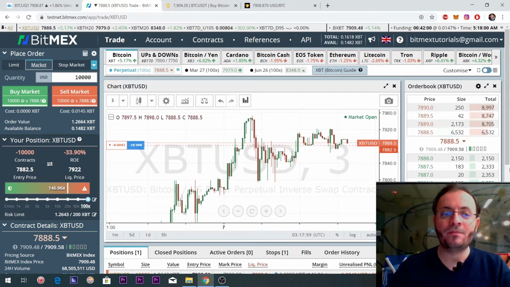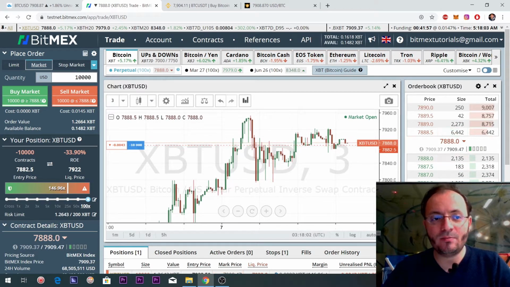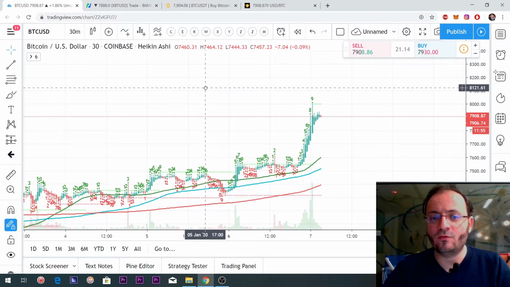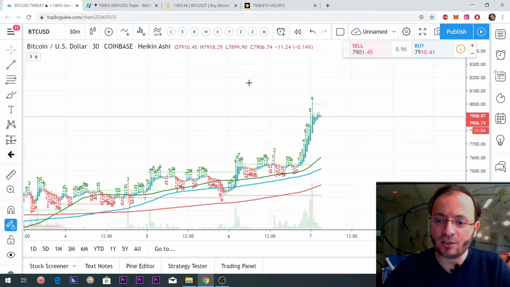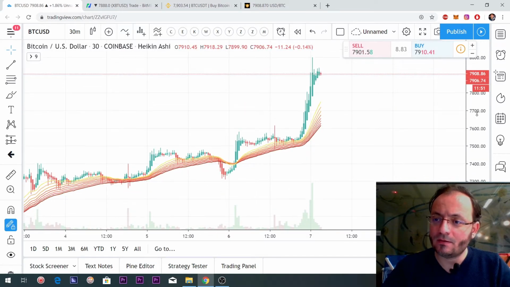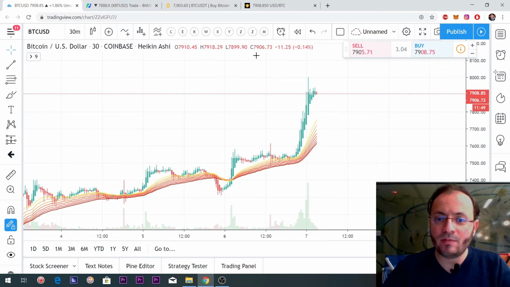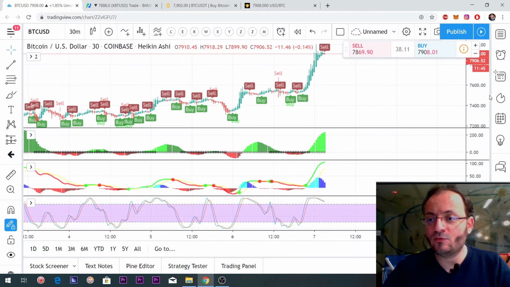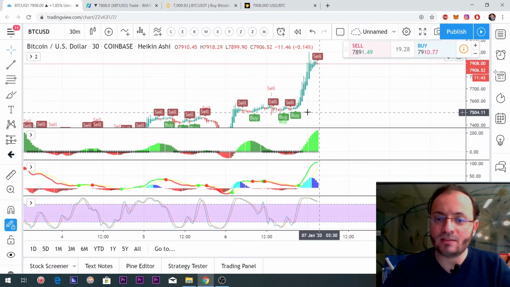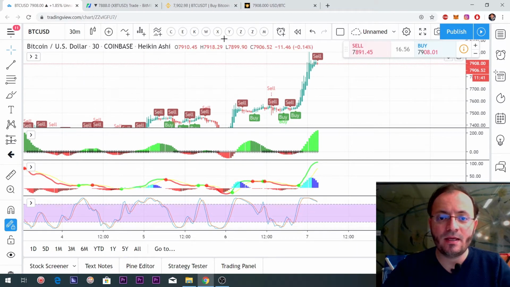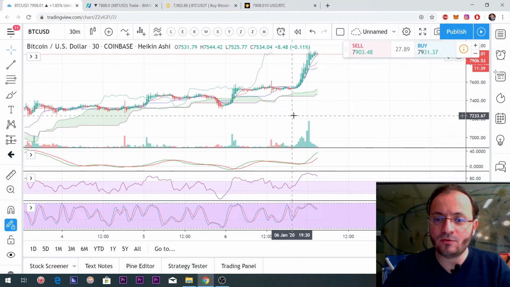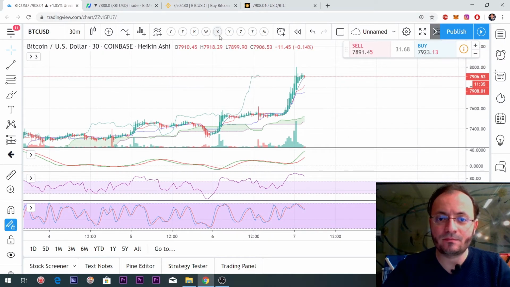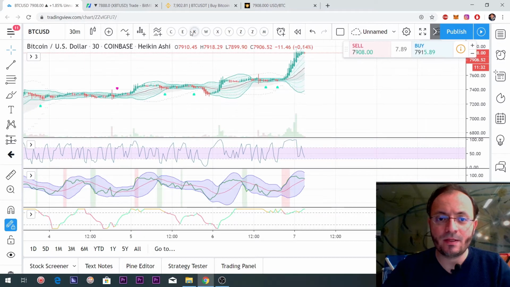So be careful. I'm using Bitmex in conjunction with TradingView because here I can see the charts, and I know better when I look at the indicators when to buy and sell, because I receive these signals, and I also know how to interpret these moving averages.